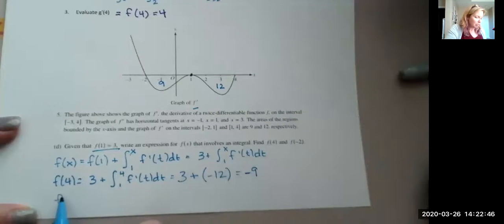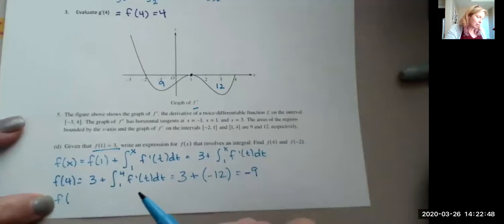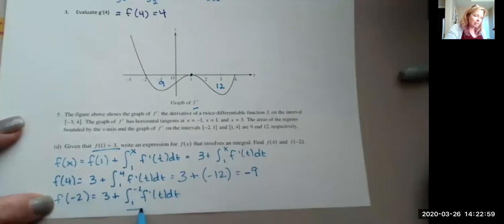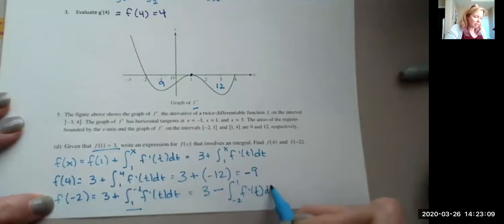If I do the same process for f at, what's the other one? Oh, -2. That's going to be 3 plus the integral from 1 to -2 of f prime of t dt. Again, notice that this is upside down, so it's going to be 3 minus the integral from -2 to 1 of f prime of t dt.